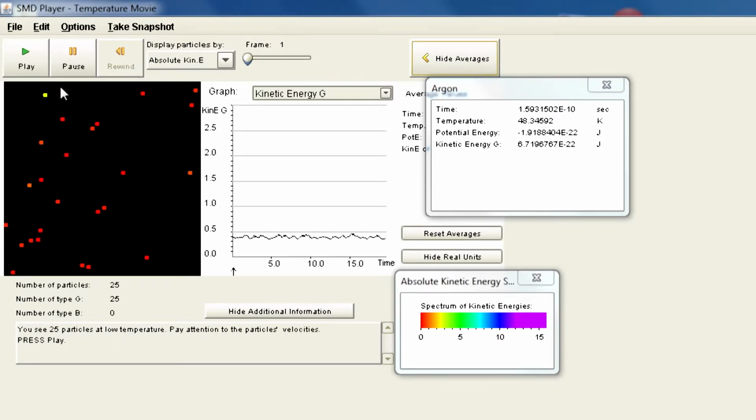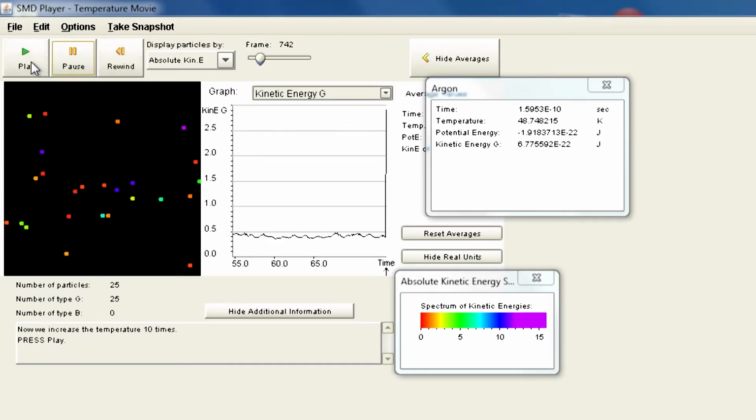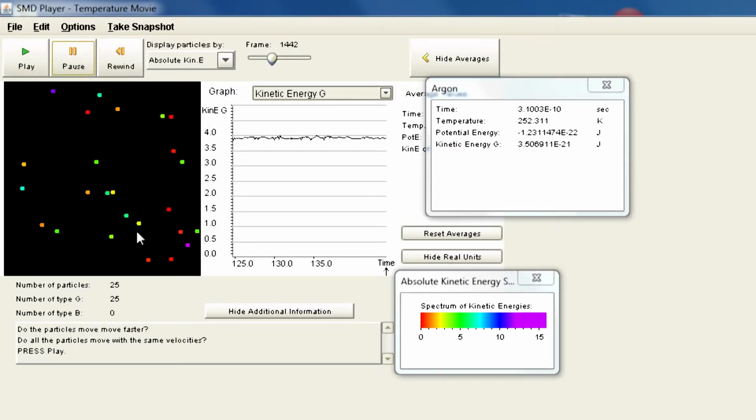Initially, they are at 0 velocity, all of them are red. We let them go, and now you can see there is some change. Now we increase the temperature, rescaled it. Now you can see there is all kinds of velocity distribution based on the Boltzmann distribution, and what we looked at, the simple harmonic motion here for the particles, where they are getting more and more energy.